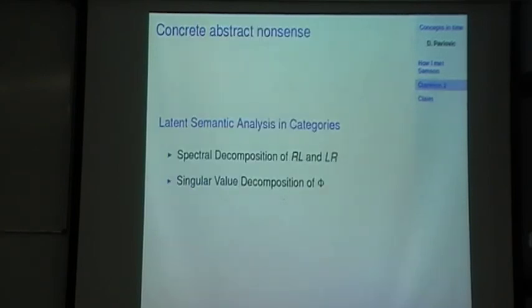Latent semantic analysis is the staple of all data mining, and it's done by singular value decomposition. And so whenever Netflix or Amazon recommends what you like on the basis of what you have liked before, they are performing this kind of analysis.